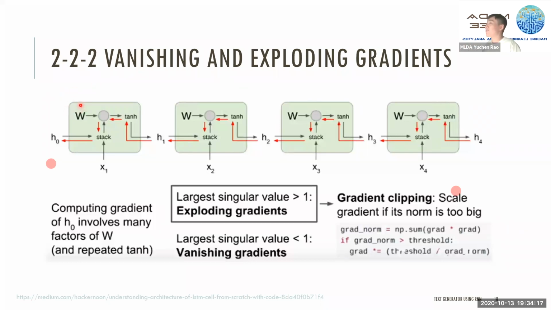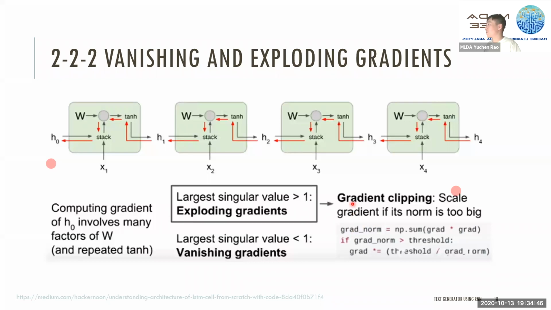If W has a largest singular value larger than 1, for example 100 or 1000, then after just several steps it will become like 10,000, 10 million, 10 billion. So it will cause exploding. But this problem is easier to handle than vanishing gradients.